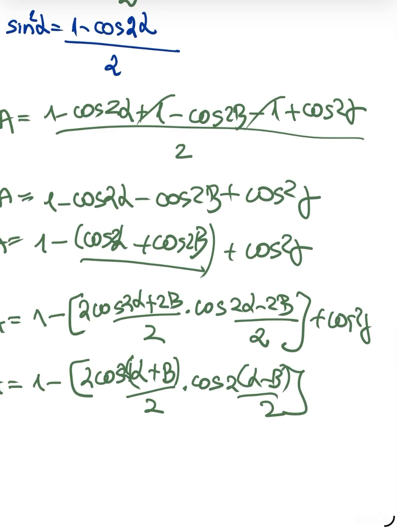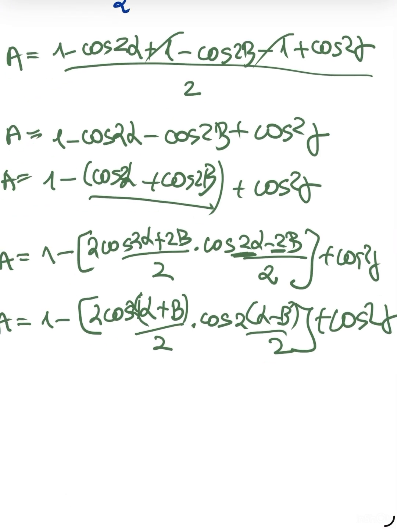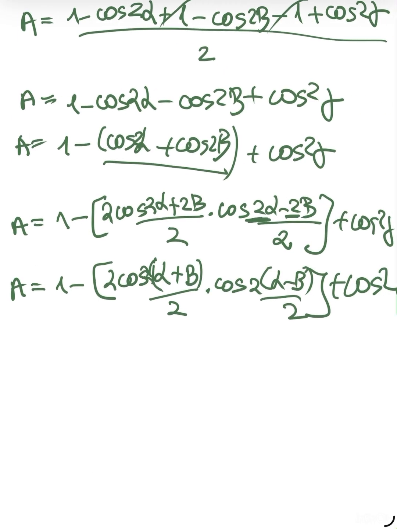We just factor the 2 in front of the brackets to make it easier to cancel factors. And we now have A is equal to 1 minus 2 times cosine.